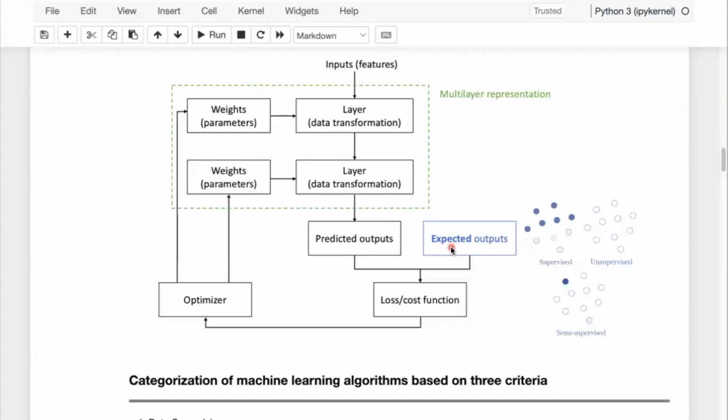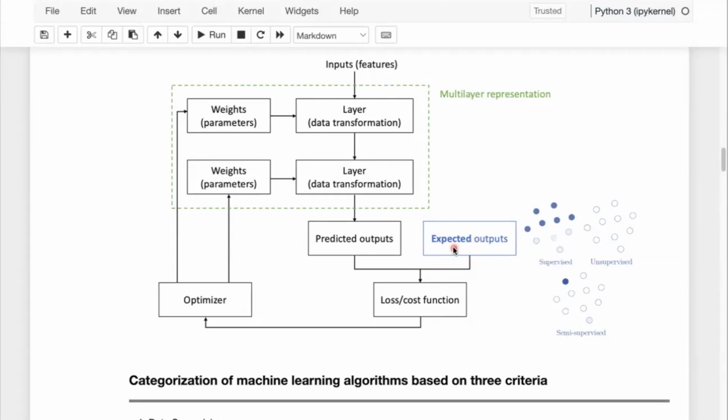And that is exactly why here I'm using the term expected outputs rather than true outputs. Because in the case of supervised learning, you do have the true responses or true outputs that come with your historical data. But if you have unsupervised learning, you want to, for example, predict outputs, and you don't know exactly what those outputs are because your data is unsupervised, but you can have expected outputs, right?